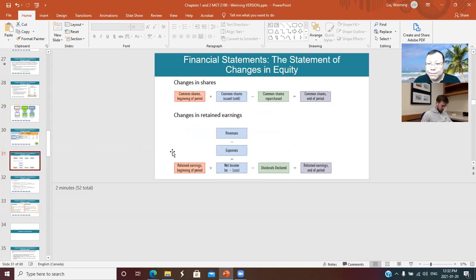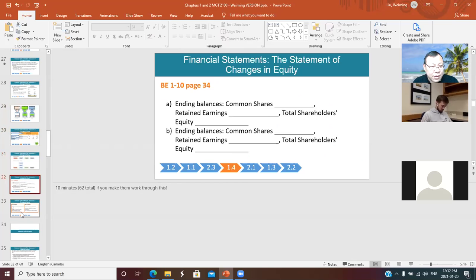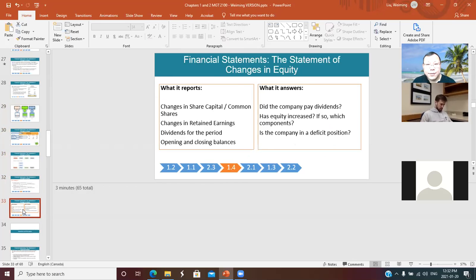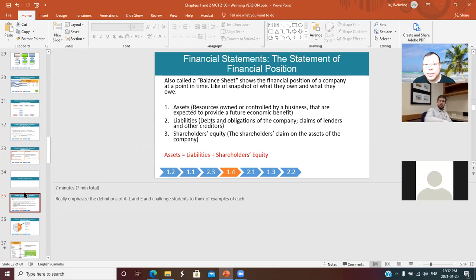So you know what the changes are and how the change is calculated. We have a particular equation to help us do this calculation, right? And then we talked about the statement of financial position.